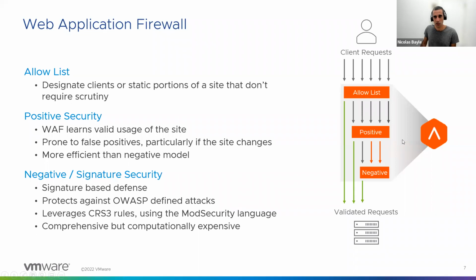What else? Well, after the allow list, we get what we call a positive check. A positive check is basically, as I told you, your application is waiting for a specific request or specific input that the client will need to enter.